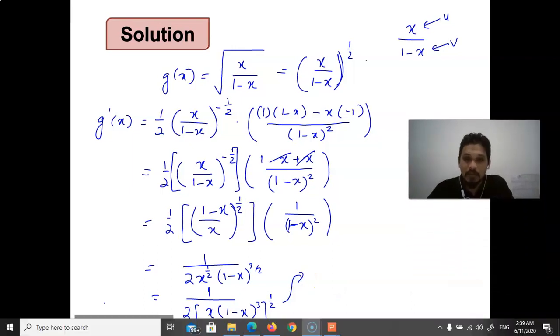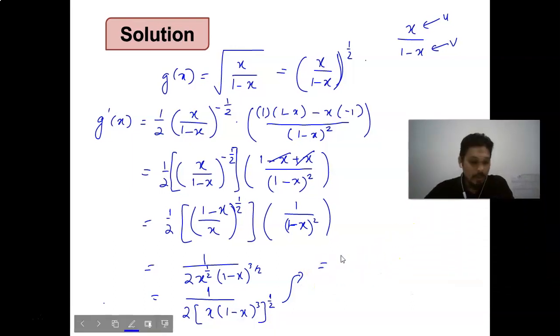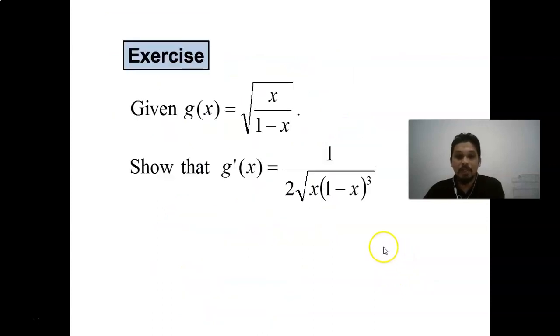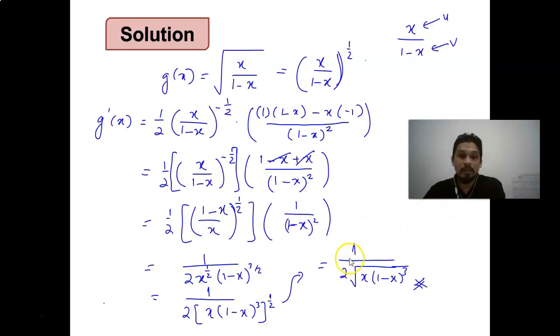Then it is equal to 1 divided by 2 square root of x multiplied with (1 minus x) cubed. So please refer to this from the question here. Okay, we have proven that here now.